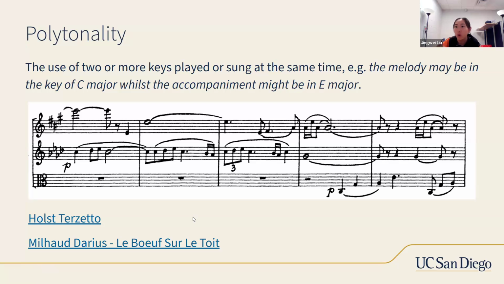So two or more different keys appear simultaneously in one music composition. Here are two examples that use polytonality. Please check them out, which are linked below.